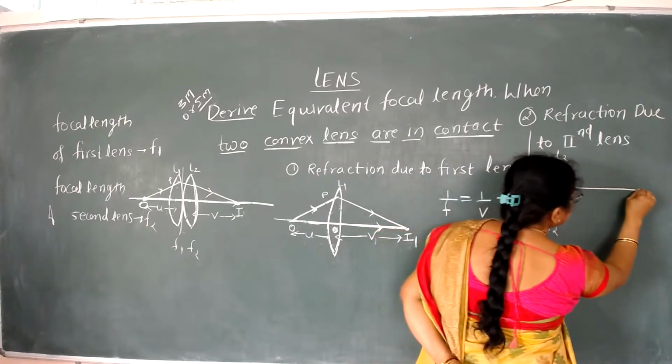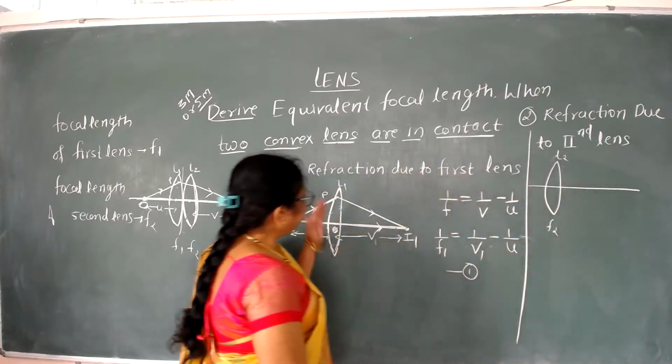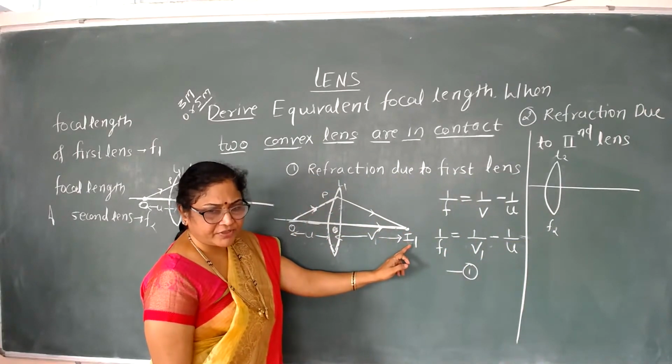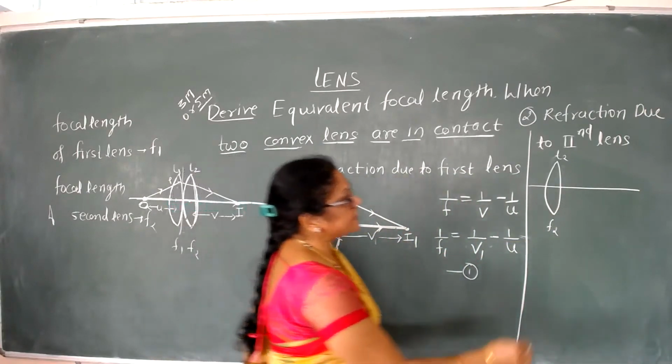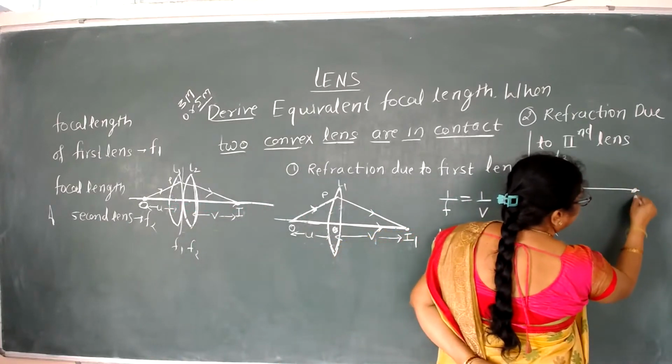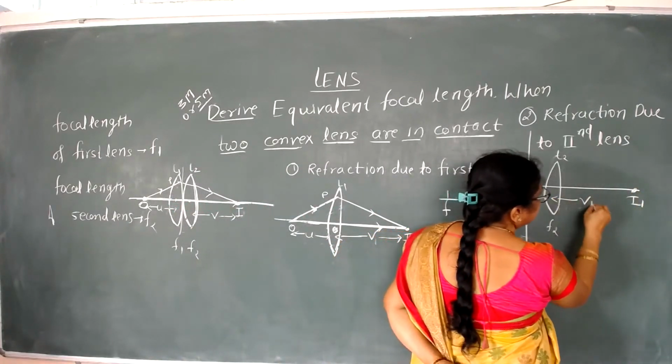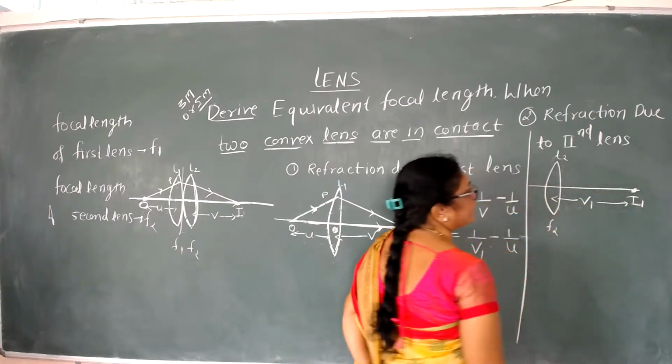Along the principal axis, when we consider this part, we already have the image I1 due to the first lens, at distance v1.